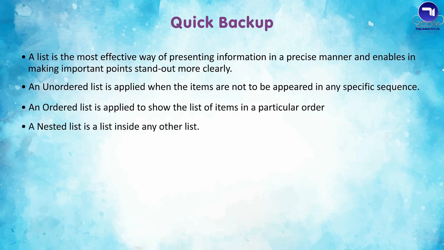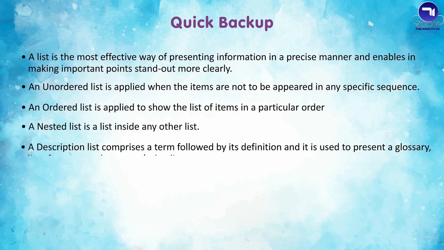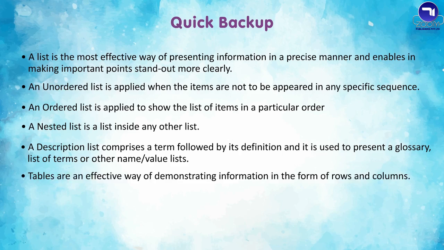A nested list is a list inside any other list. A description list comprises a term followed by its definition, and it is used to present a glossary, list of terms or other names or value lists. Tables are an effective way of demonstrating information in the form of rows and columns.